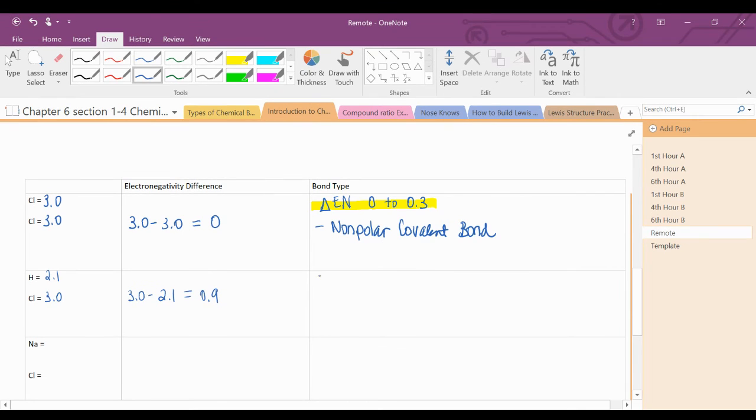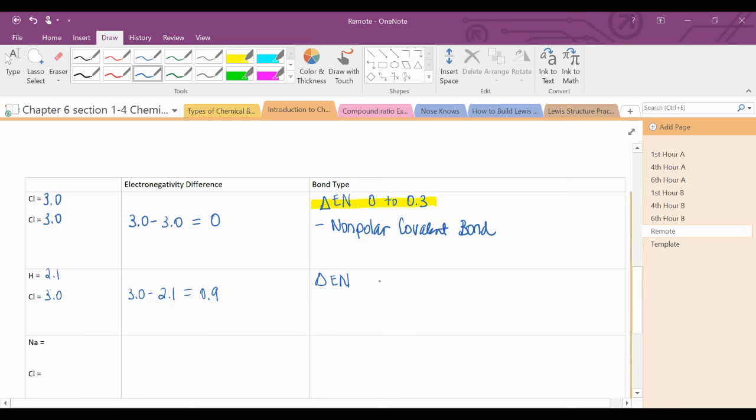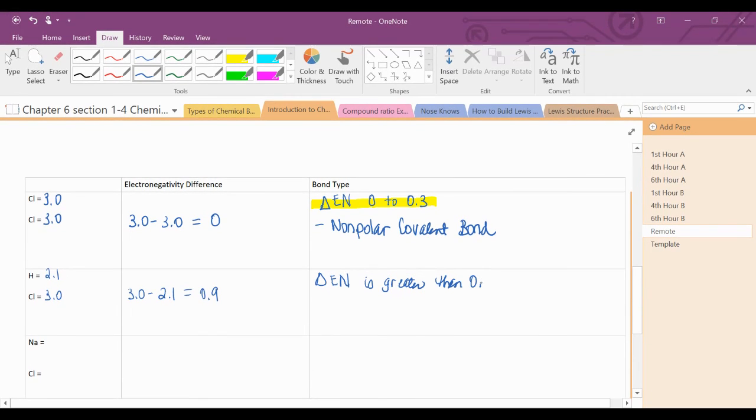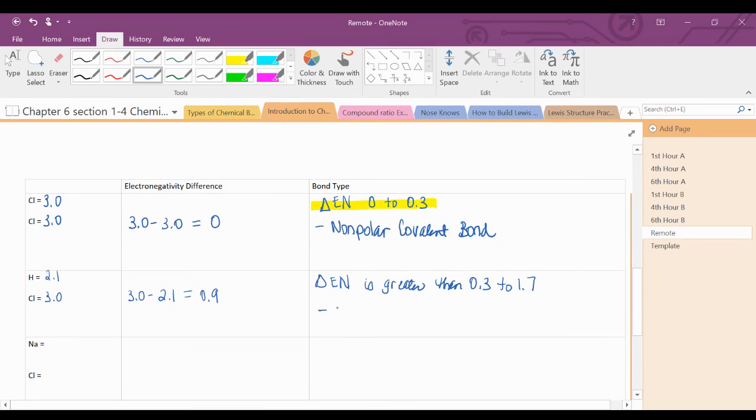Okay, so let's talk about our next category. So if the electronegativity difference falls within the range of greater than 0.3 to 1.7, then this is considered to be a polar covalent bond.